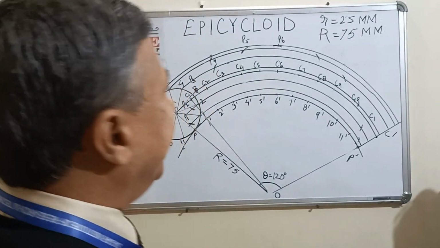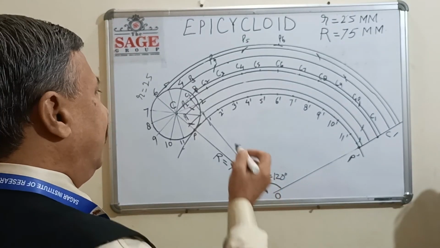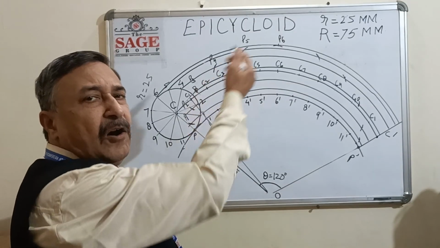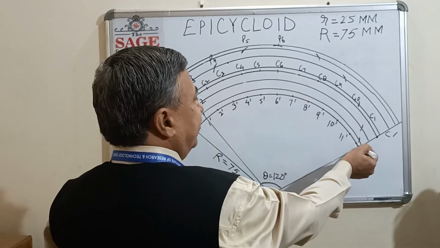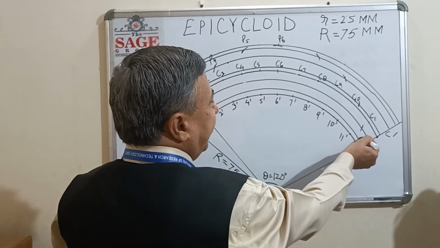Now I am going to draw the final curve, that is the epicycloid. Now see, you can start either from here or from there. From anywhere you can start. See, this is your final curve.